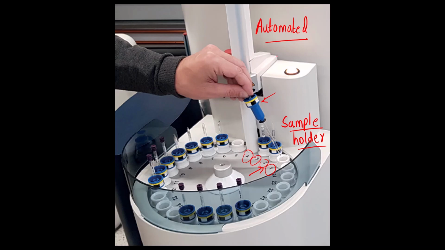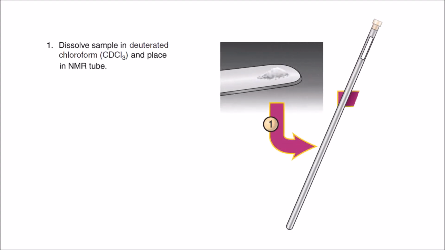There is another machine that is called a manually operated NMR, where you have to manually take the sample and load it directly into the magnet, the machine that I had shown in the first slide. So how does it work? First, as I told you, you dissolve your sample in CDCl3 and place it in the NMR tube.